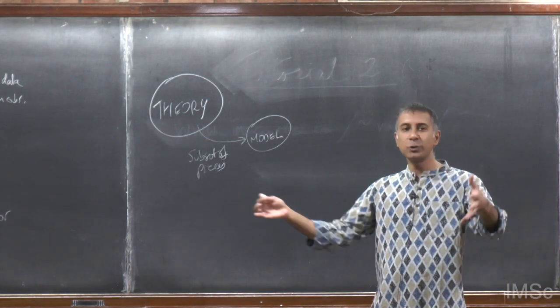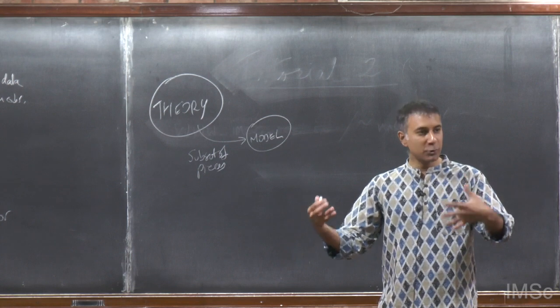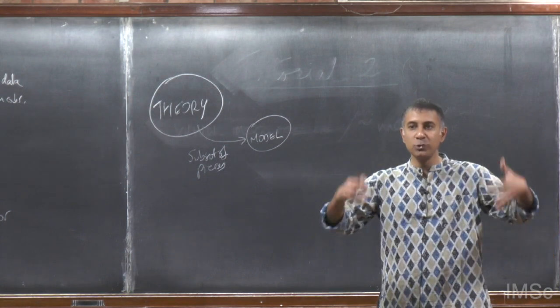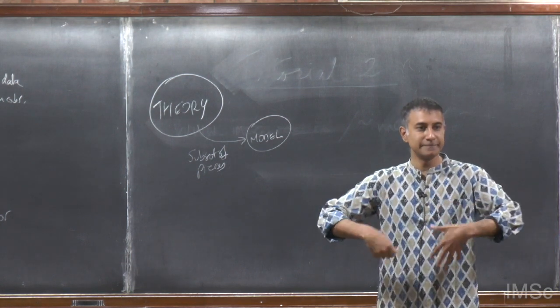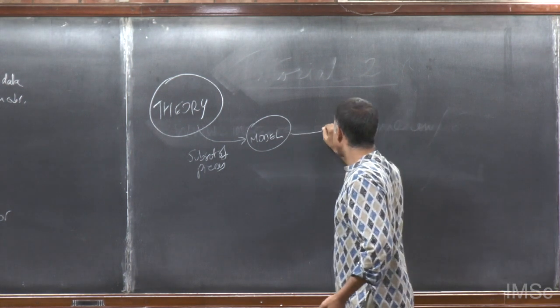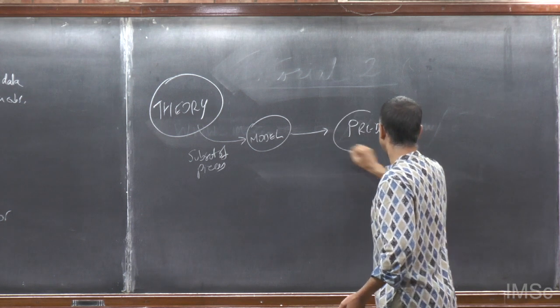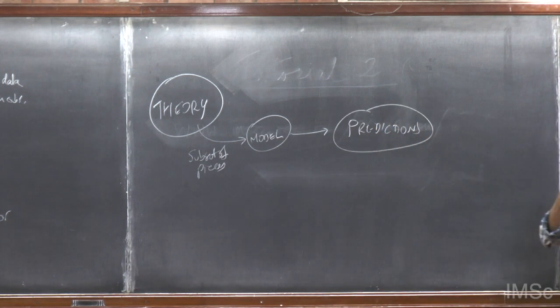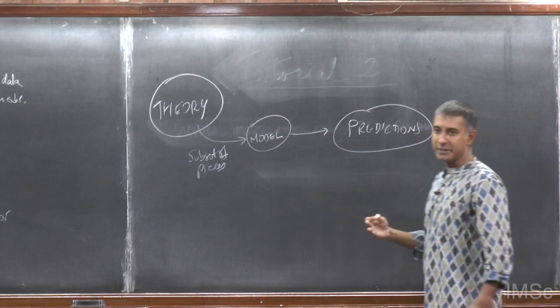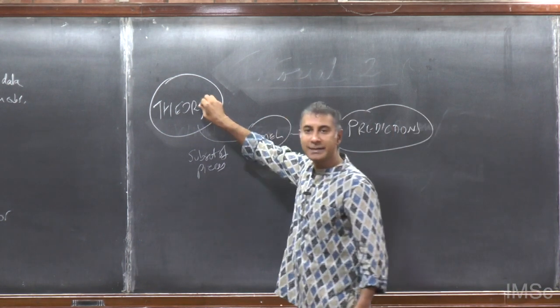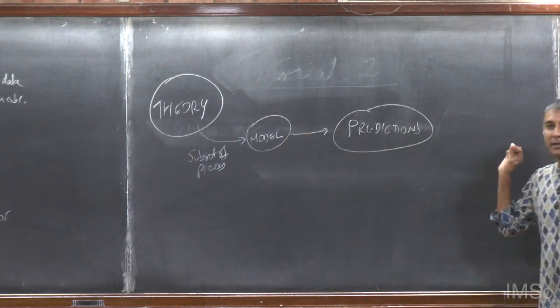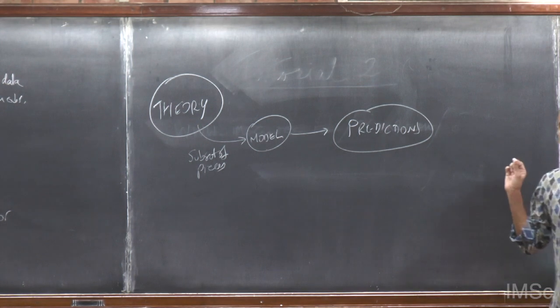It's just there. I've written the whole theory down. But if you want to go from theory to predictions, you have to use some sort of machinery. So from this, of course, you make the predictions. But you can test, right? So typically, this is not always the case. The model is the thing that comes between the theory and the predictions.